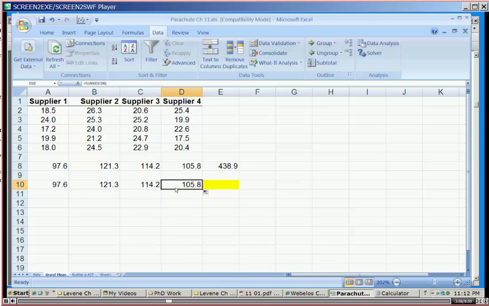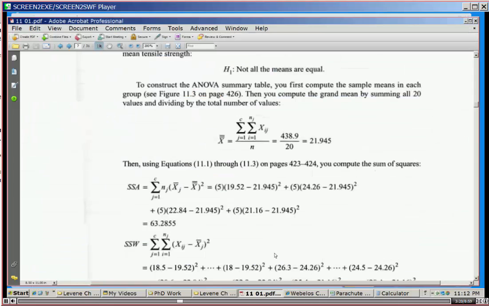We cannot add them like this, but in statistics we can. These are our sums, and over here is the value that was used in the calculation of the grand mean. 438.9, let's save this. 438.9 divided by the number of measurements, which is the number of parachutes, 20, gives the grand mean.